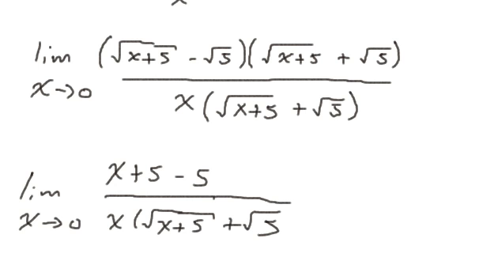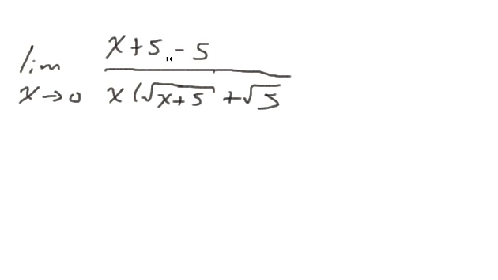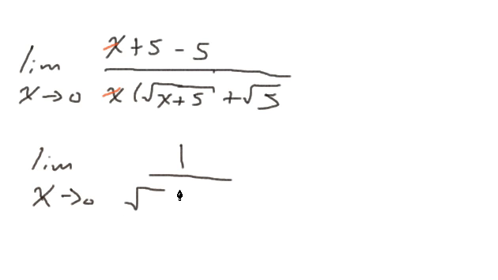And now we can simplify this down some more, and we see that the 5's will cancel out to 0. We'll be left with an x in the numerator, and so the x's will cancel out, and we will end up with 1 over the square root of x plus 5 plus the square root of 5.